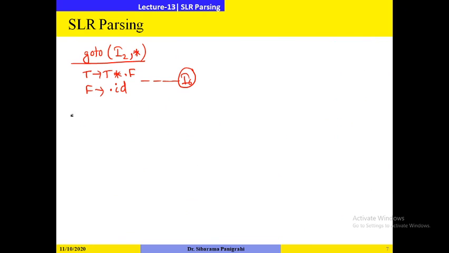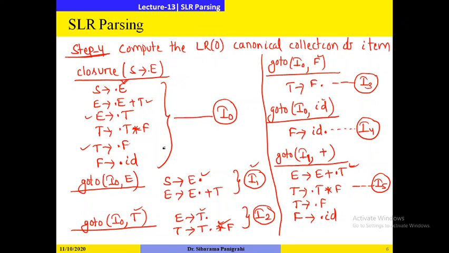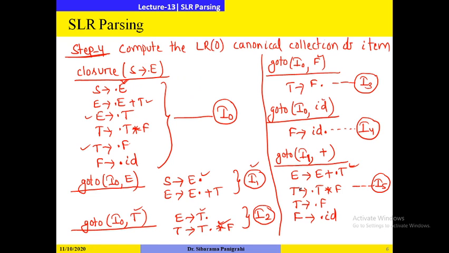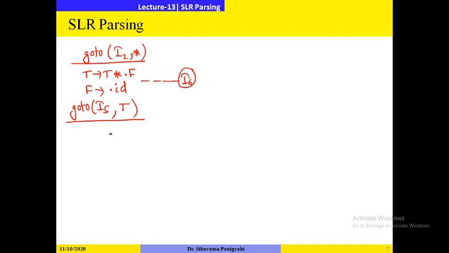So here let me write go to I5, comma T. I5, comma T. So what I will get? Let me jump the T. So I will get E gives to E plus T dot.